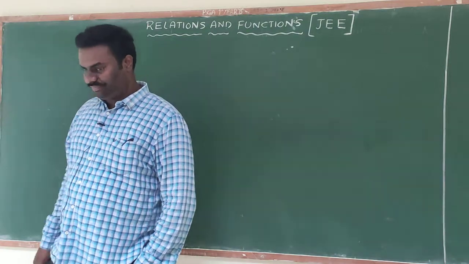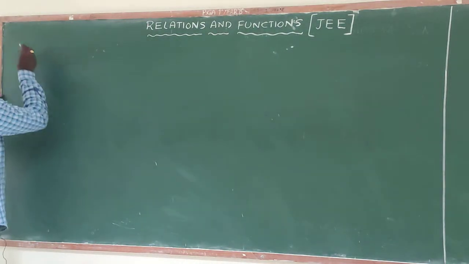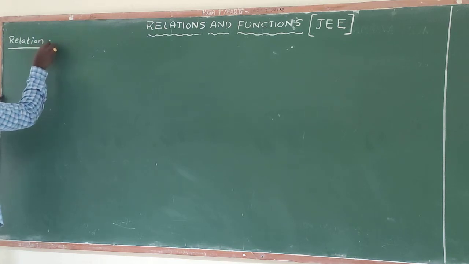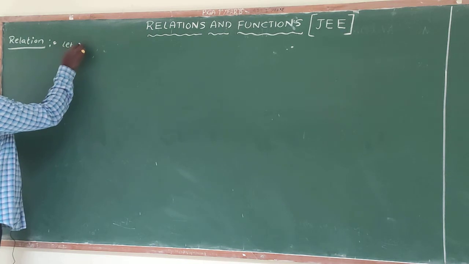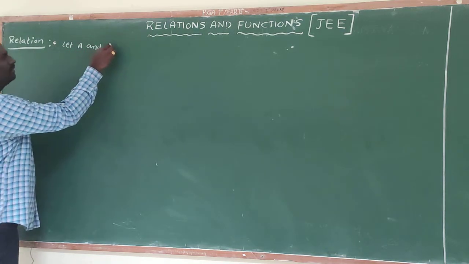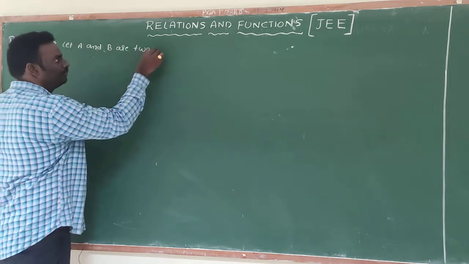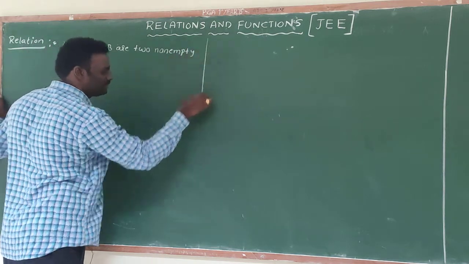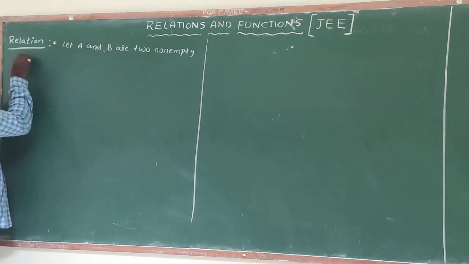Okay, first in this chapter, the first definition is relation. What is meant by relation? Let A and B be two non-empty sets.